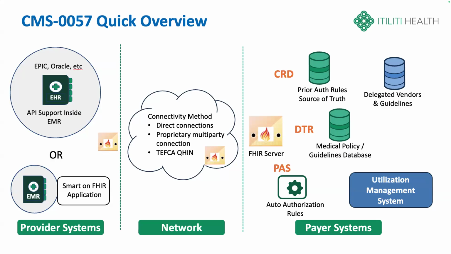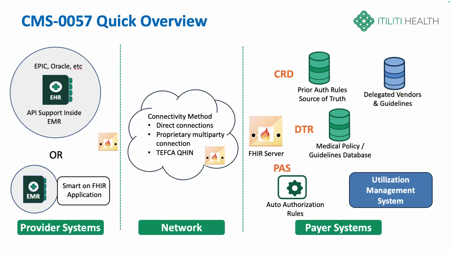On the left-hand side, you have either an EHR system that internally supports the application programming interfaces required for prior authorization APIs, or a SMART on FHIR application, which you can think of like an iPhone app.